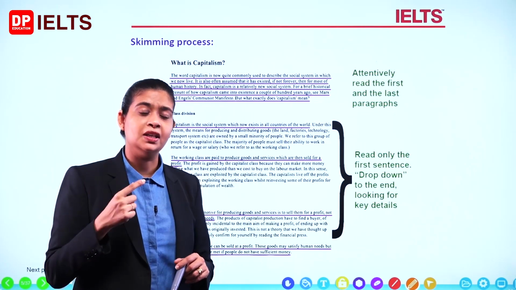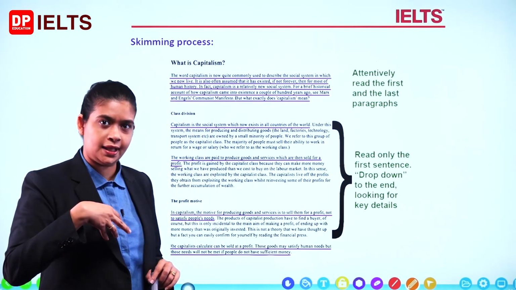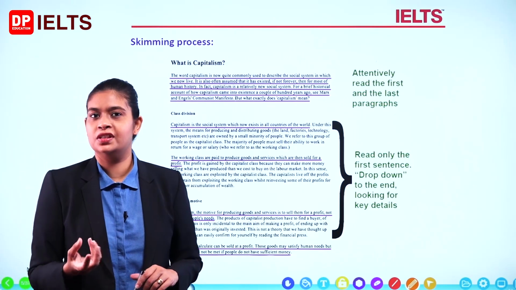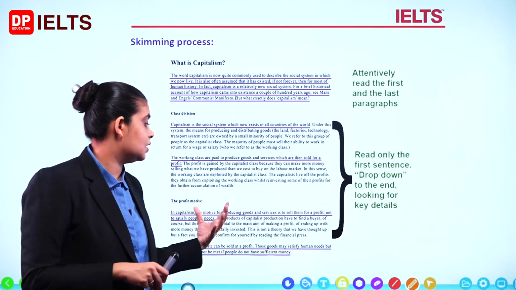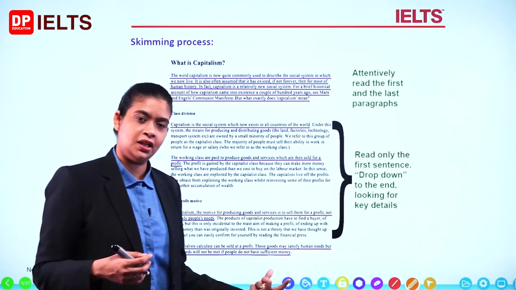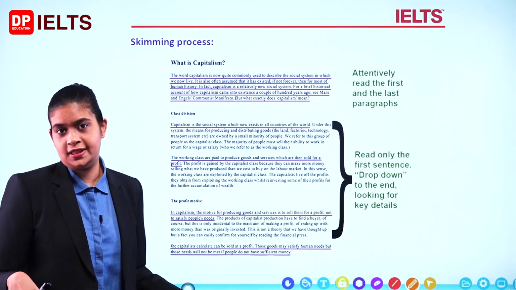No, because they sell them. And for you to buy the goods or services to satisfy your needs, you should have money. If you don't have money, you cannot buy those goods and services to satisfy your needs.